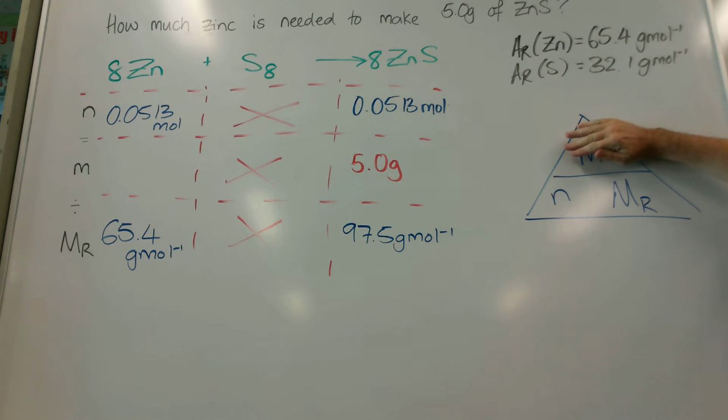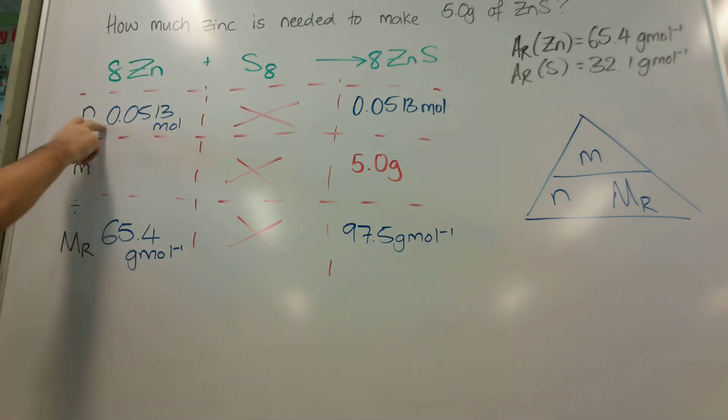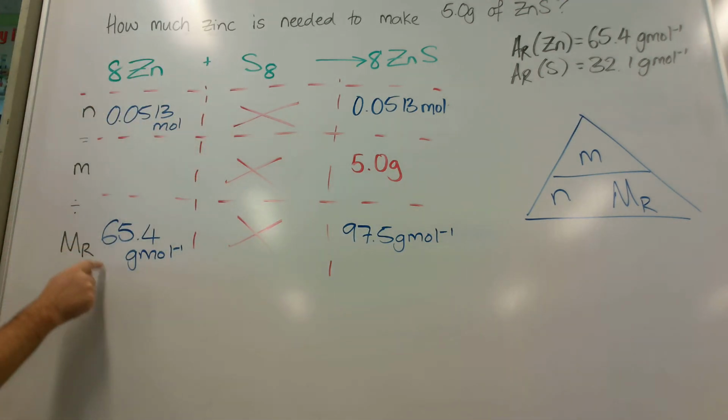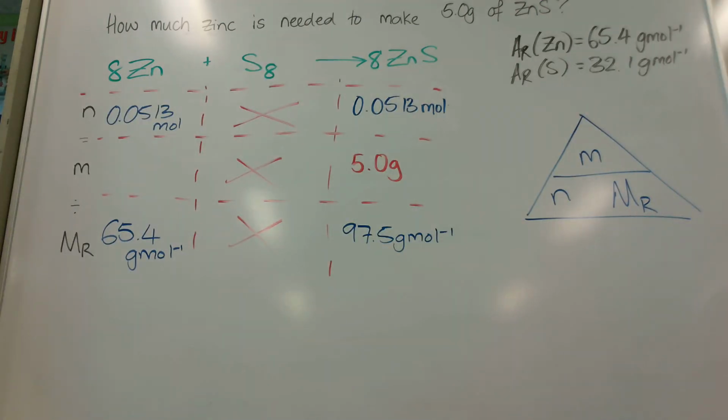So I cover it. 2 numbers next to each other means they are multiplied. So I'm going to go 0.0513 times 65.4. And I get 3.3538.